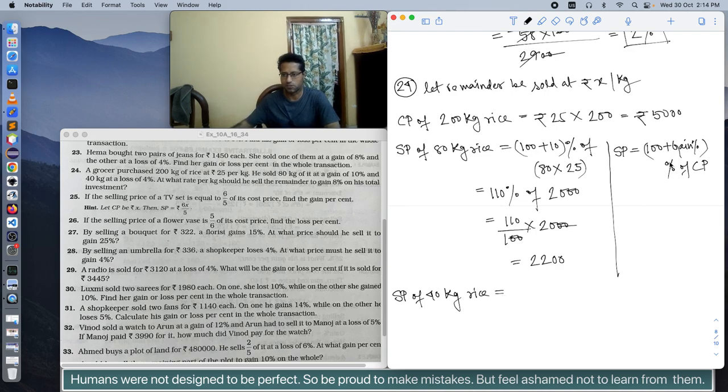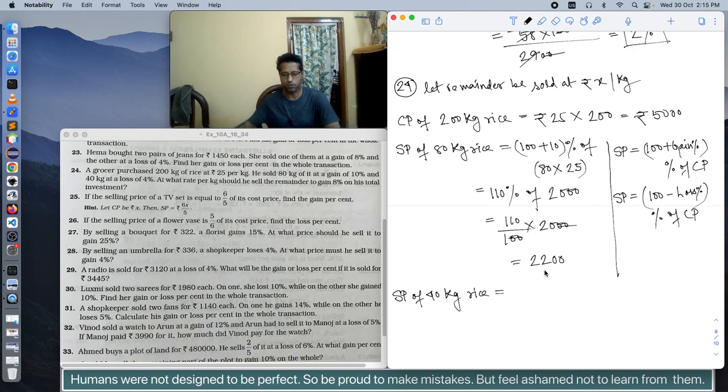When there is a gain percent, as I have explained, the selling price is equal to 100 plus gain percent, this much percent of cost price. Similarly, if there is a loss, the selling price will be 100 minus loss percent, this much percent of CP.